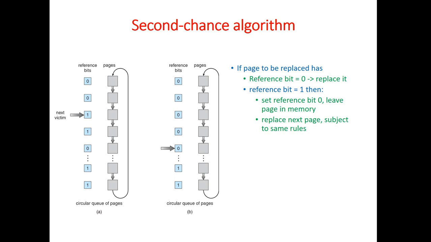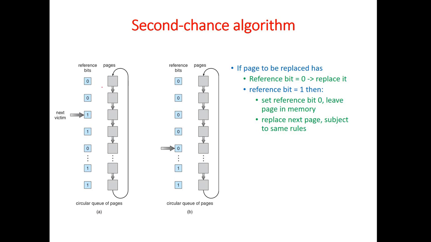When a page is brought into the physical memory, its reference bit is marked as 0, and when the page is referenced by the CPU, the corresponding reference bit is turned to 1. So the reference bits for various pages will be 0 or 1 according to usage: when brought into main memory it is 0, and when it is used it is 1.